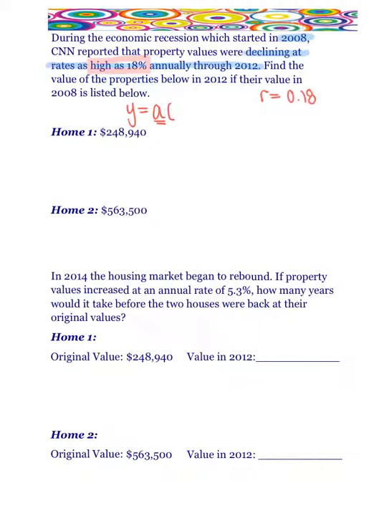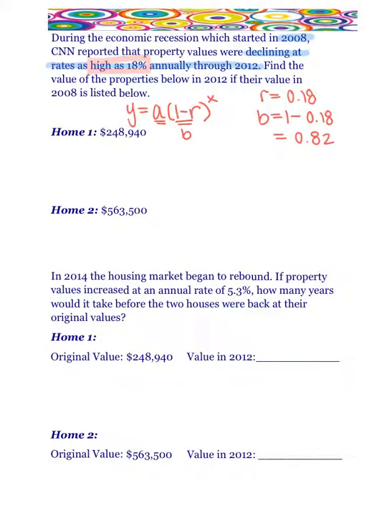Times B, now my B, I'm just going to go ahead and replace that with 1 minus R raised to the x. I know my B is going to be equal to 1 minus R, and so therefore I'm going to get 0.82 left. So this right here is the same thing as B.